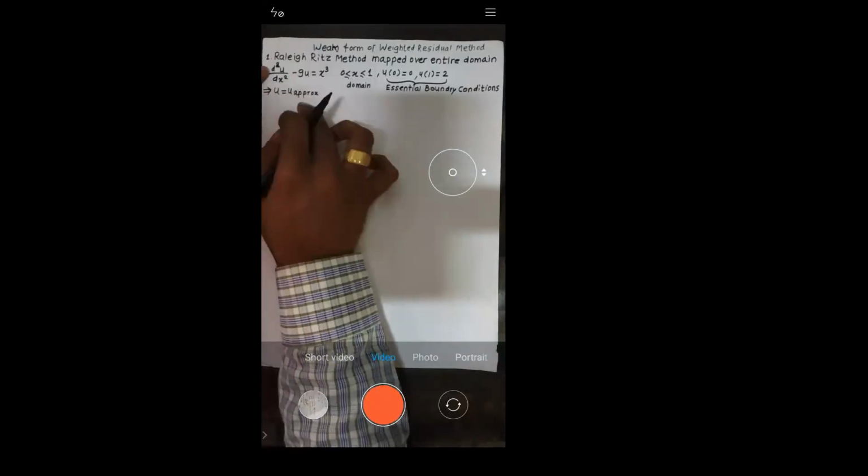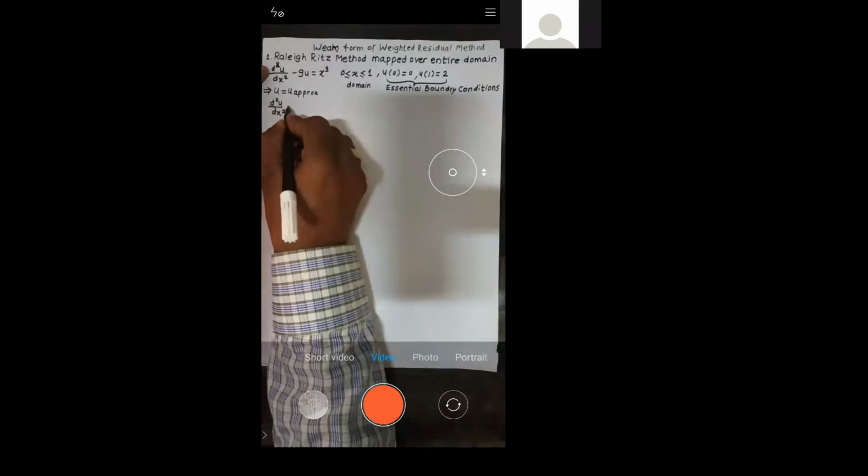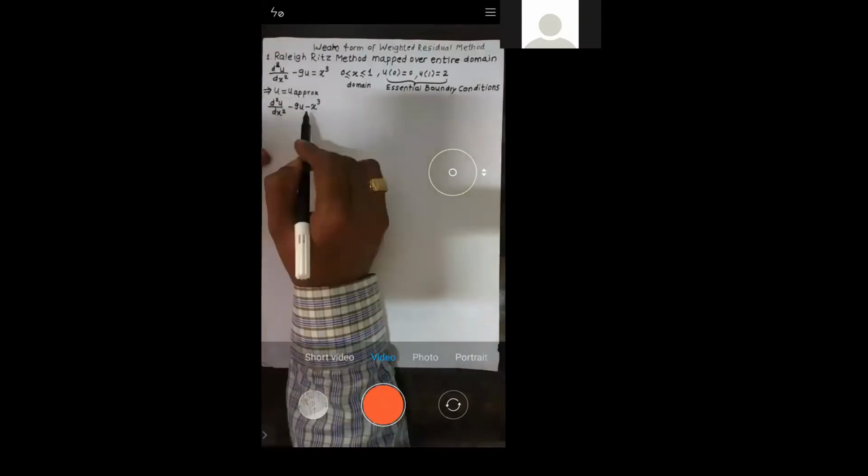So if you bring this d square u by dx square minus 9u minus x cube to the left hand side, my right side should be equal to 0.